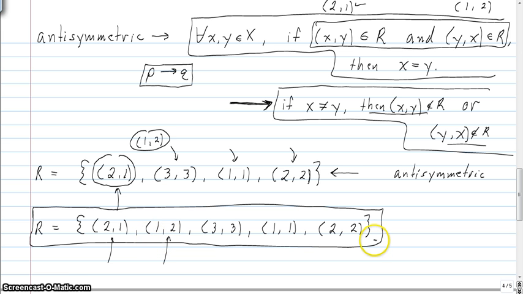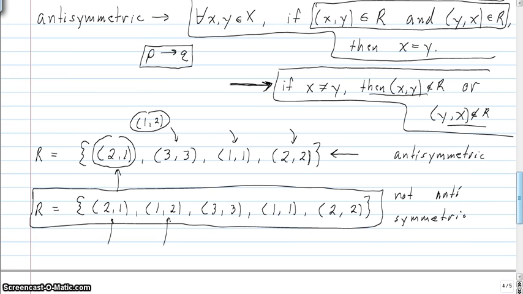So this relation is not antisymmetric. In fact, in the last example, we saw that it is symmetric.